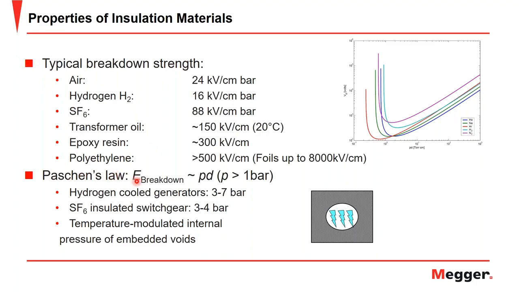And here we have Paschen's law, which directly relates the breakdown voltage to pressure times distance. Here we have an example of multiple different Paschen curves where on the y-axis we have breakdown voltage, and on the x-axis we have pressure times distance. And you can see how the voltage varies based on the pressure times the distance.